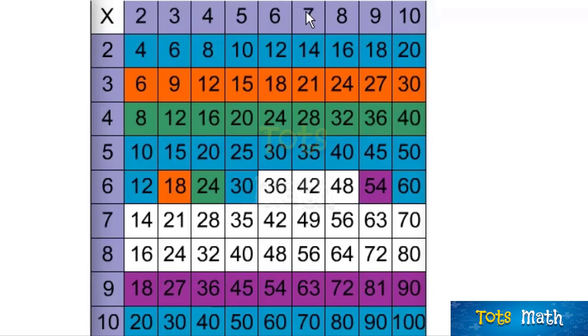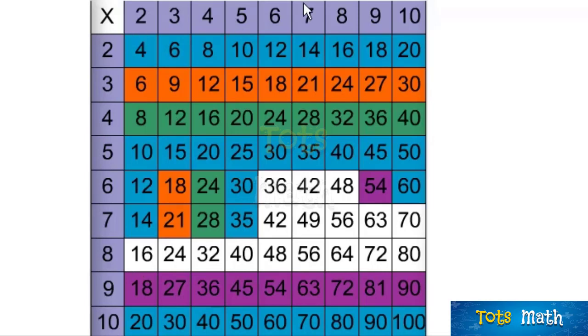You learned that 2 times 7 equals 14, so 7 times 2 must also be 14. And you know that 3 times 7 is 21, so 7 times 3 must also be 21. And 4 times 7 is 28, so 7 times 4 is 28. 5 times 7 is 35, so 7 times 5 is also 35.